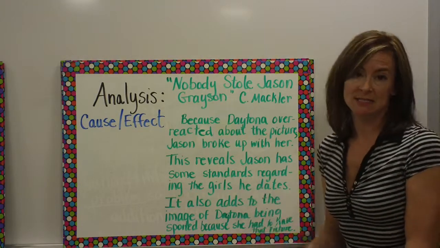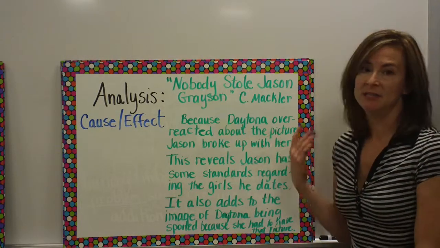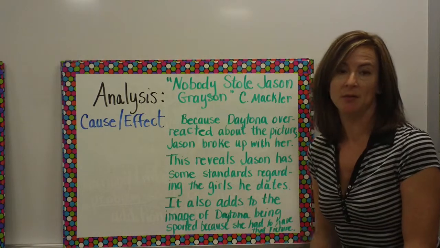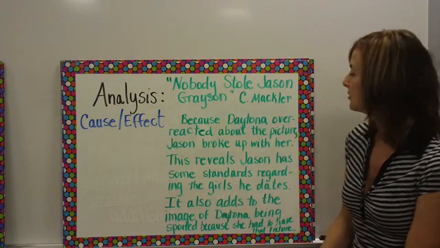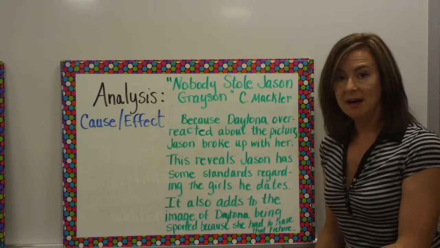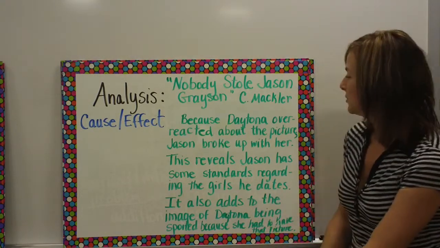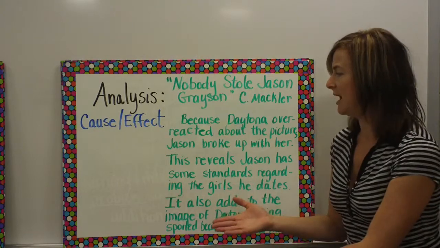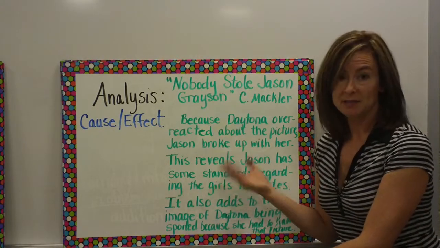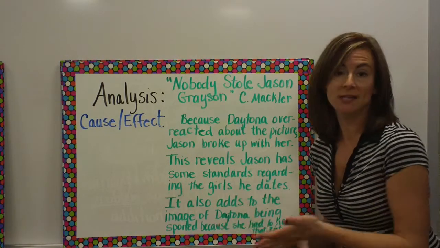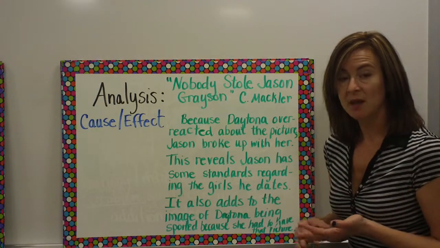I took an incident in the story, the fact that Daytona freaks out about missing that particular picture. And then I showed the effect of that choice that Daytona made. Because of that, the plot was moved forward. Jason breaks up with her.